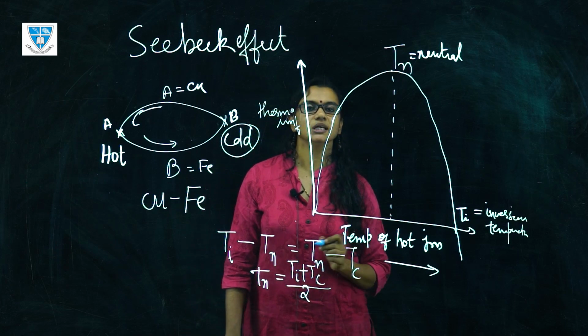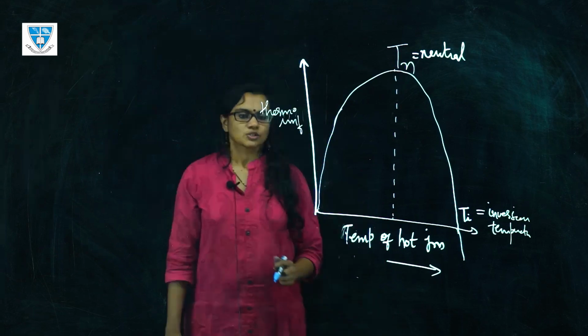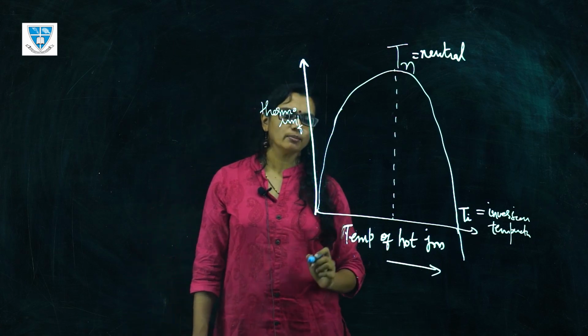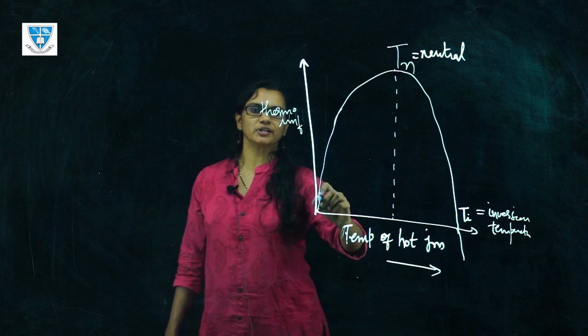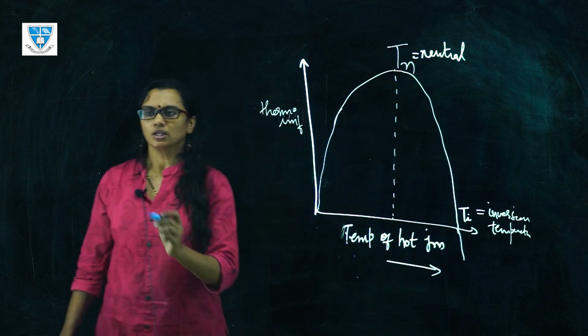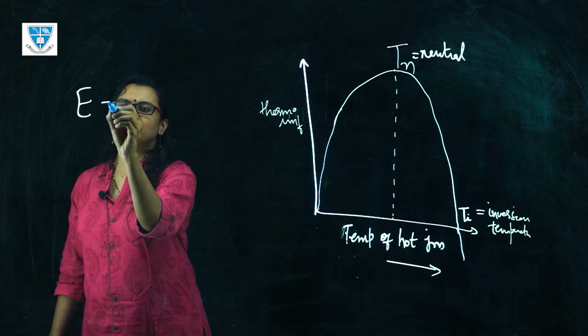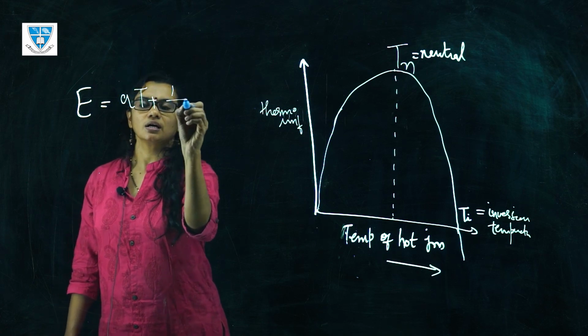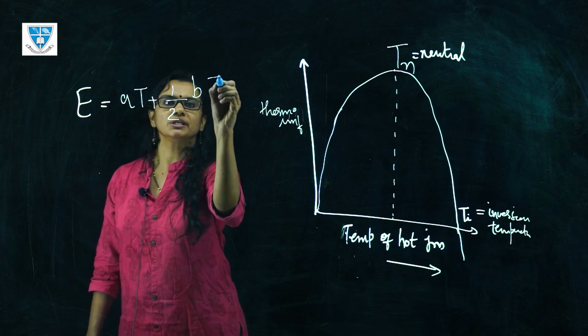The plot which shows the variation of thermo EMF with the temperature of the hot junction fits a parabola. So the EMF that is generated can be written as half into AT plus half into BT square.